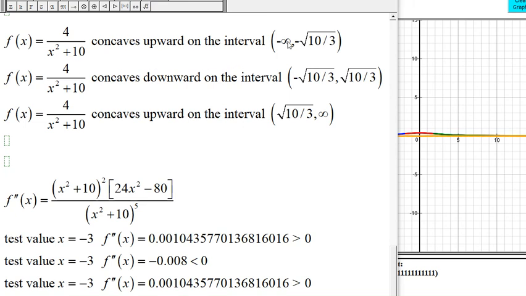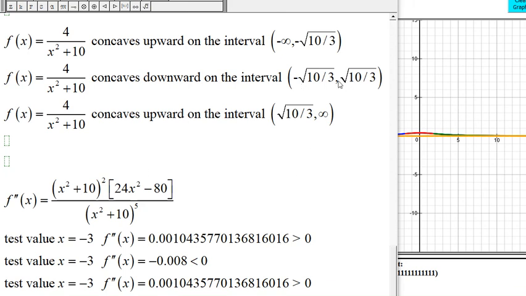And once again, for this interval the graph is concave up, and so we pick any number in here. Let's say we pick negative 3, and evaluate the second derivative at negative 3, meaning put negative 3 here, negative 3 here, and negative 3 here. Then we'll end up with positive 0.01, which is greater than 0, because the function is concave up on this interval, so that's why the second derivative is positive.